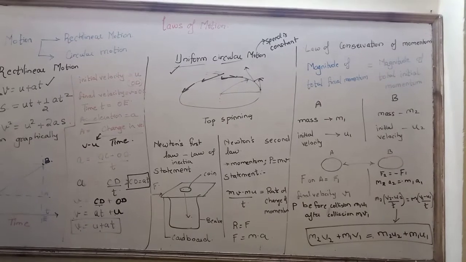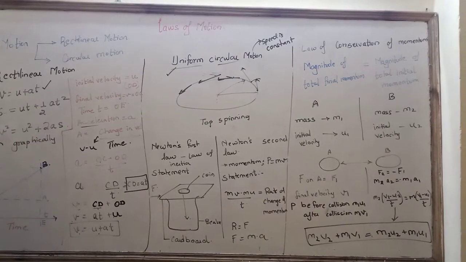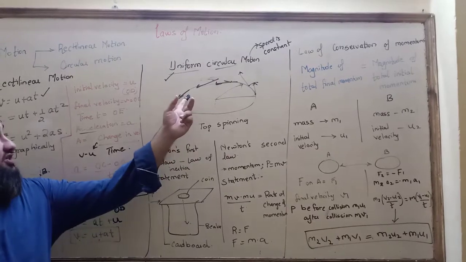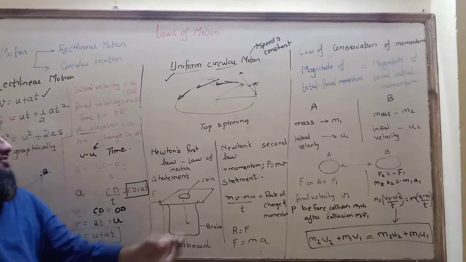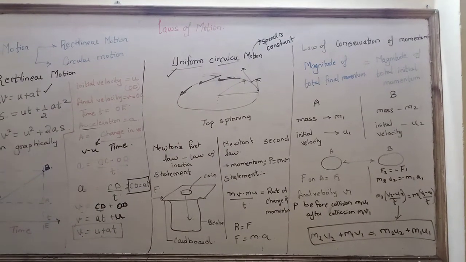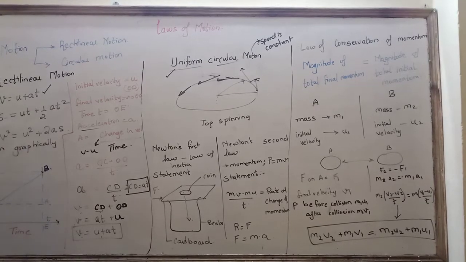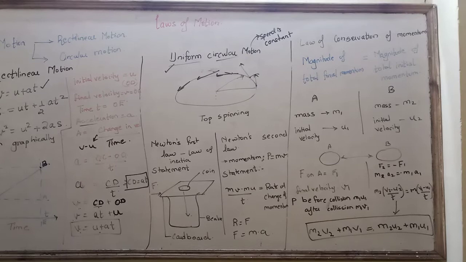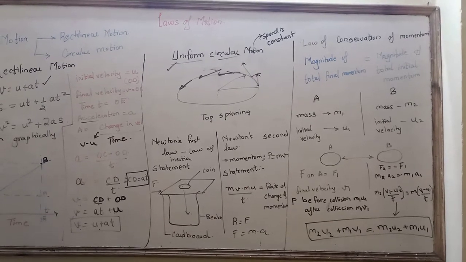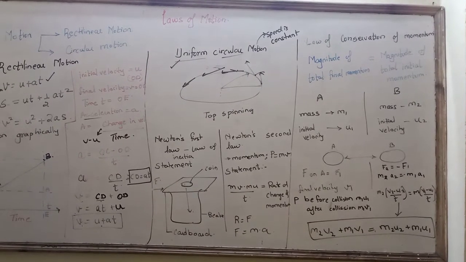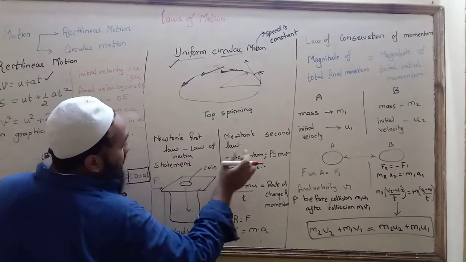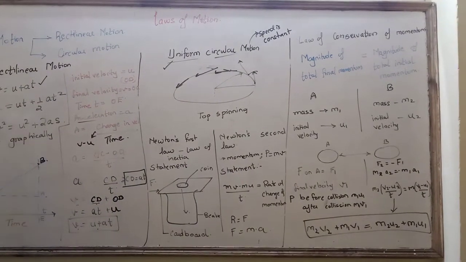Always remember, velocity cannot be constant because velocity deals with magnitude and direction, and because direction changes at every point, velocity changes. But speed is constant because speed is not related to direction.